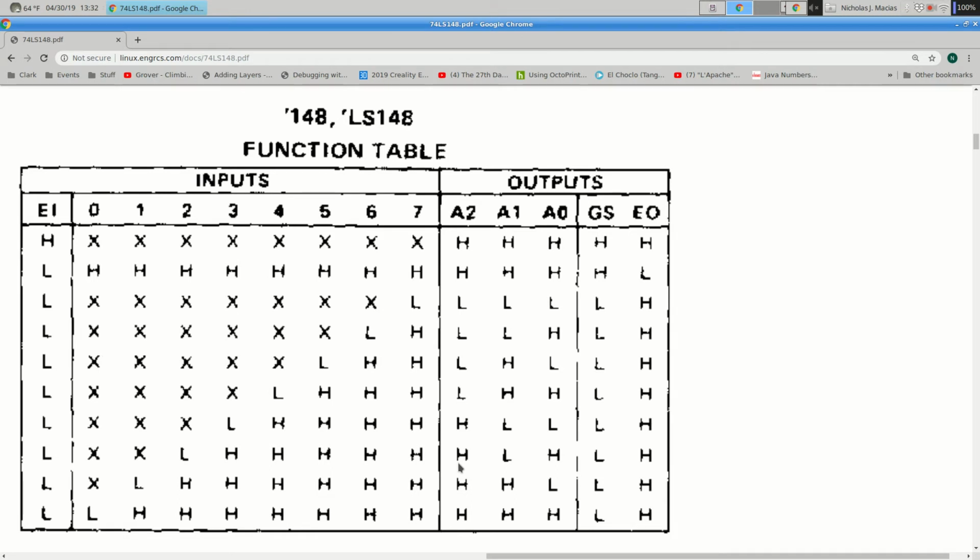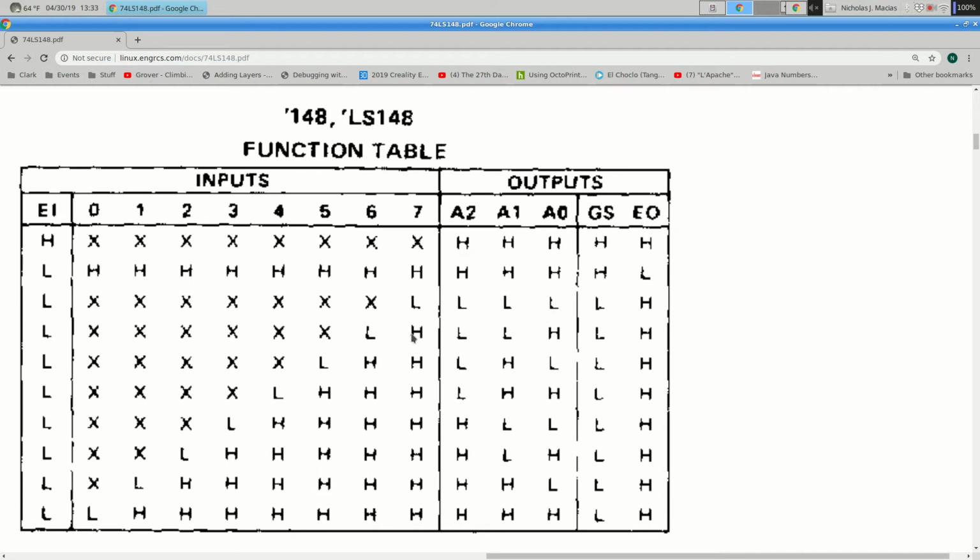All right, so now we can make some sense out of this truth table, perhaps. If all of the inputs are high, meaning nothing is requesting priority, then the output is HHH, that's basically a 0. If input 7 is low, meaning it's got an event occurring on it, it doesn't matter what's happening on these other inputs, because 7 is the highest priority input, the output's going to be 7, which in this case is low, low, low.